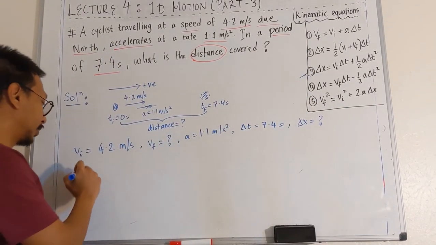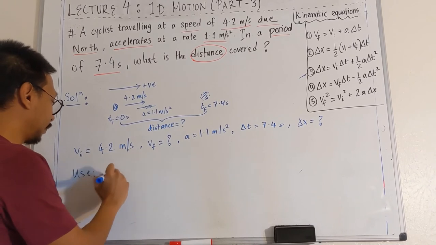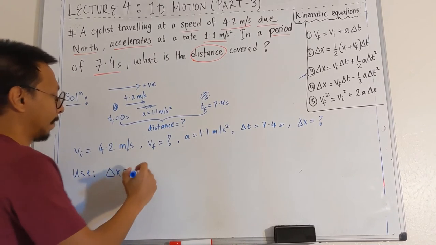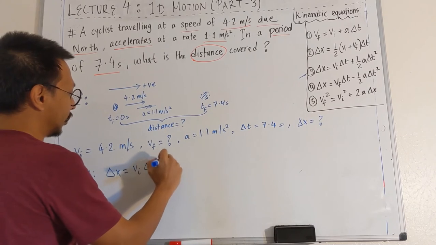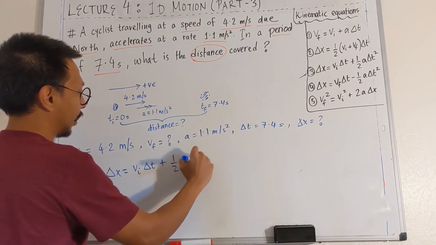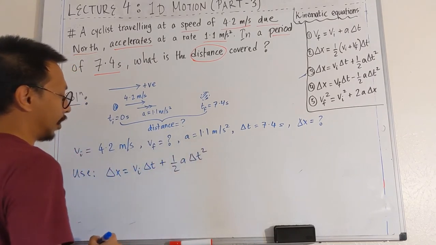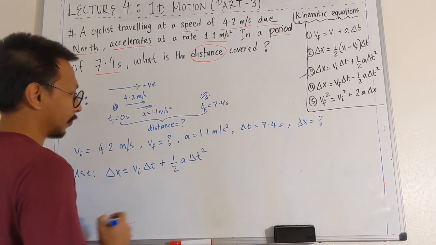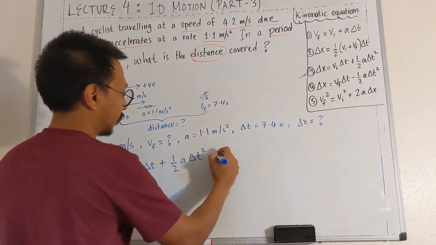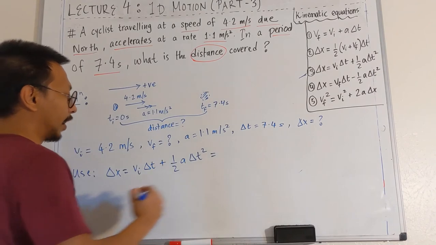So we would use delta x equals Vi times delta t plus 1/2 a delta t squared. We want to find what delta x is. So Vi, what is Vi?